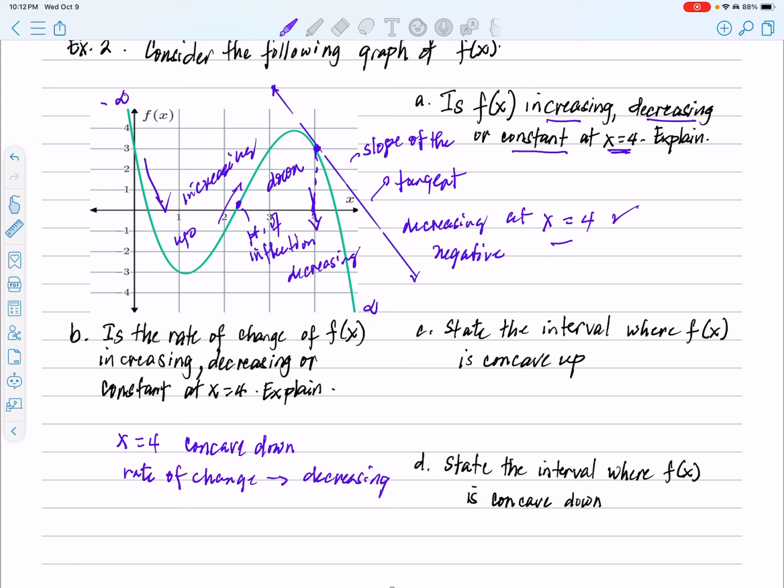So f of x is concave up, so approximately, let's just approximate, because we have infinity value here. The graph goes on and on and on. On the left side it's negative infinity, and on the right side it's positive infinity.